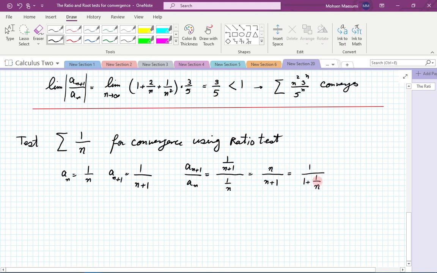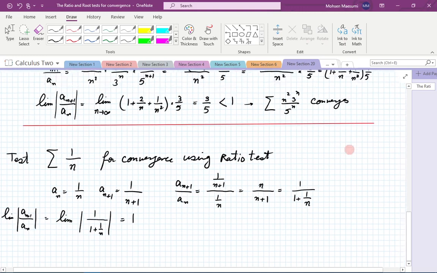Well, what's the limit of that? The limit of 1 over 1 plus 1 over n, that's the limit of a_(n+1) over a_n. When n goes to infinity, 1 over n goes to 0, and this becomes 1.